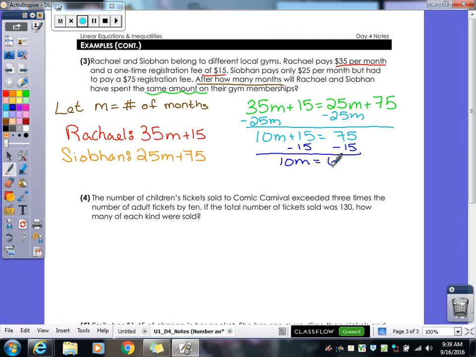So 10M equals 60. What does M end up equaling? 6. So we just write our sentence. After 6 months, they will pay the same amount.